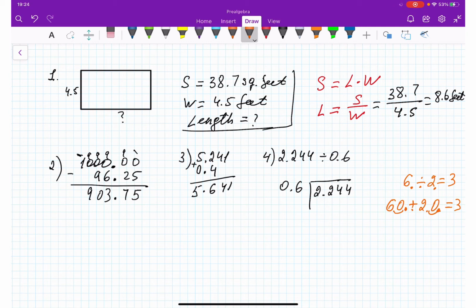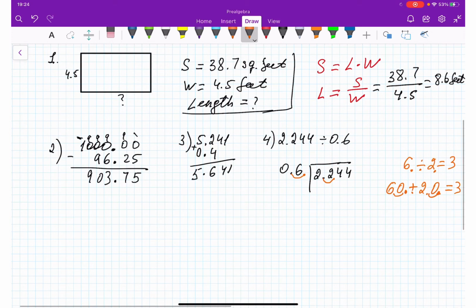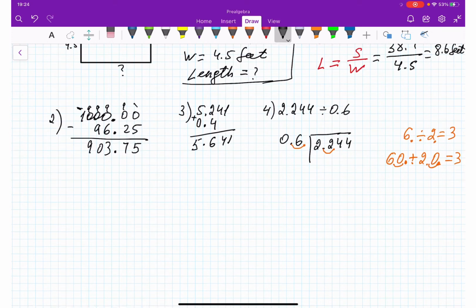I forgot. So for 2.244, I'm going to move the decimal by 1 position, multiply by 10, and I'm going to move 0.6 by 1 position, and I will get 6. As a result, I'm going to get 22.44 divided by 6. Now, we don't mind if we get 22.44, but we cannot have the 6 with decimal notation.